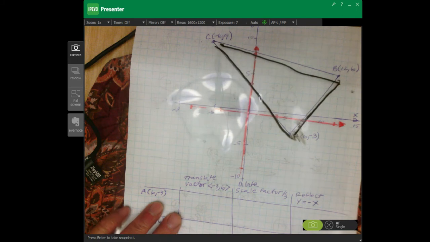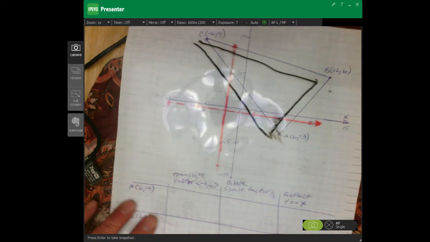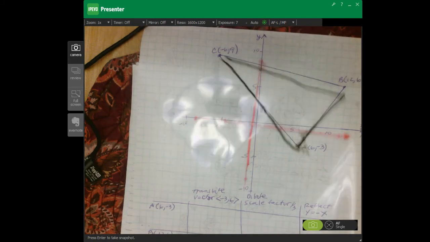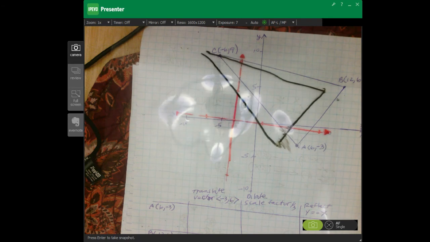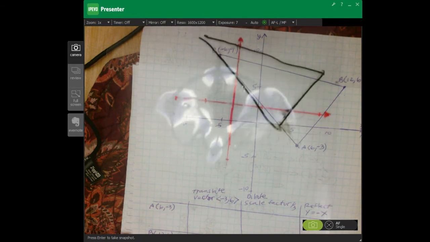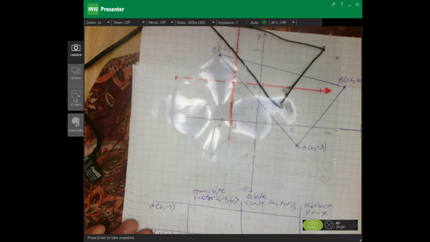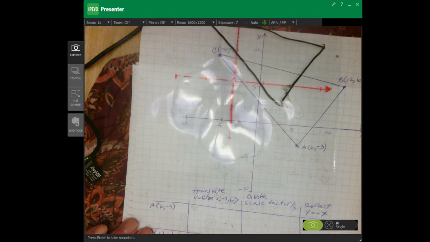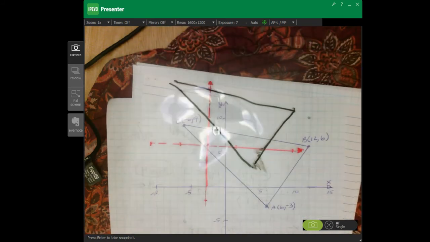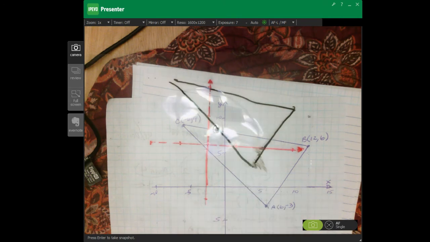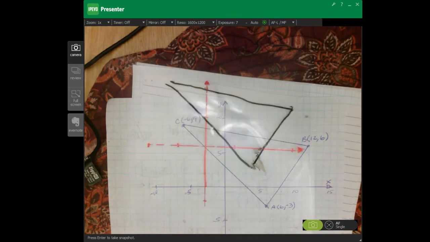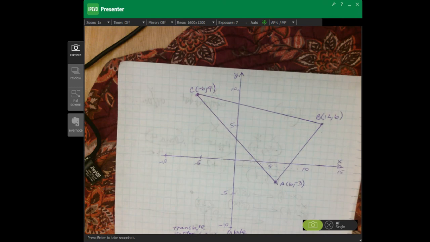We're going to move it over 3, like that, and up 6, like that. And so the triangle will then move over and up. As you can see, it actually goes off the page. So we're not actually going to graph it, but we have that representation at the top.